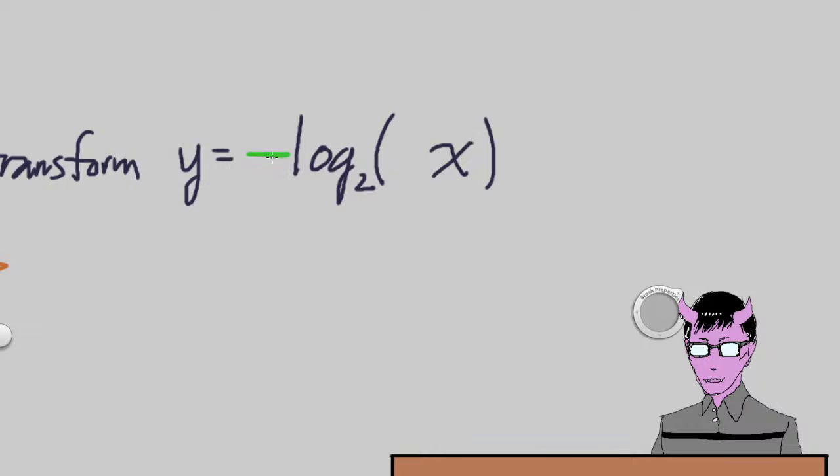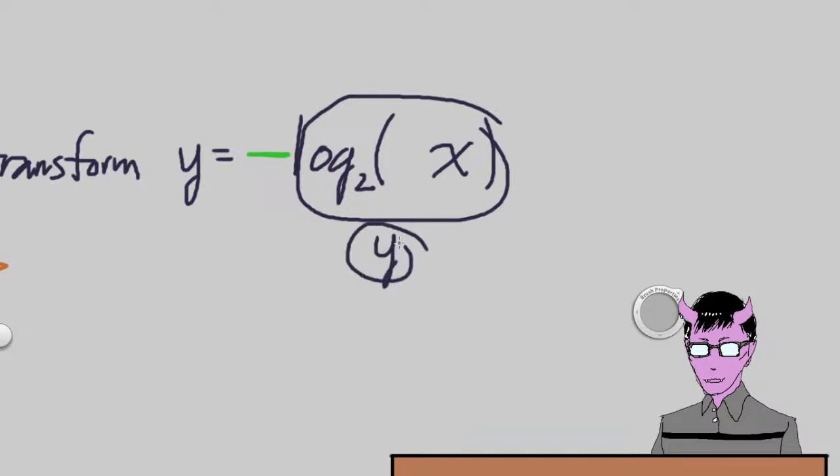This negative here is being applied after the main log function. So you take care of the log function first, and whatever output you get is turned into a negative. It's flipped. This is the unmodified y, and then we make it negative.